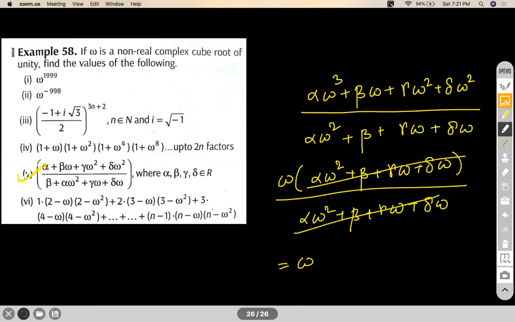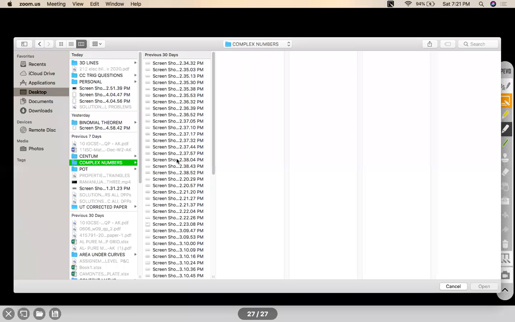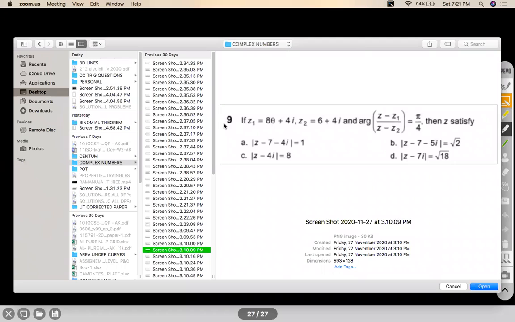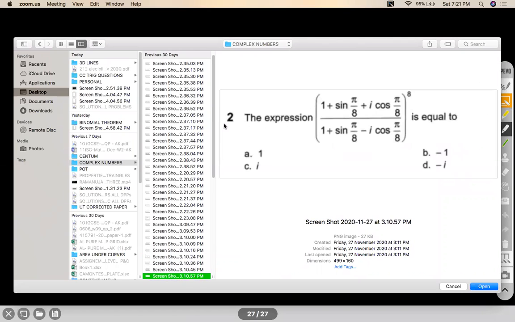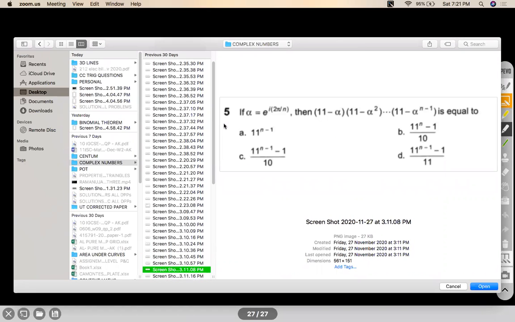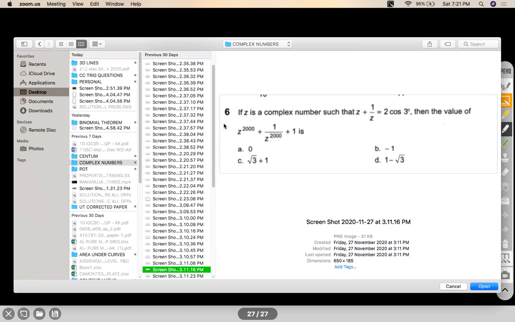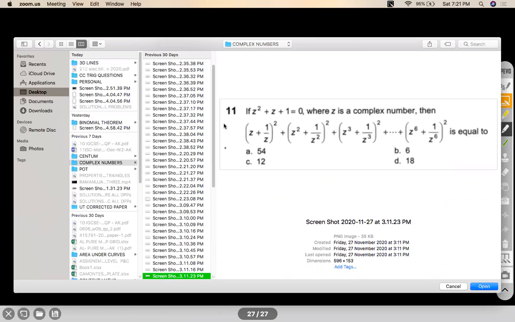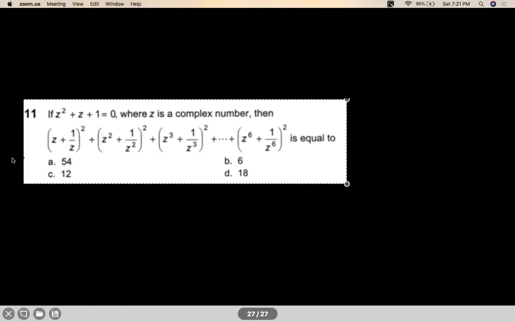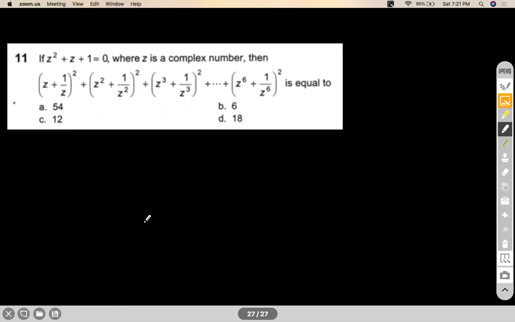Okay. All right, let's take another one. This time a slightly complicated one. This I'll do when I'm doing. Okay, let's do this one. I'll put the poll also for this.